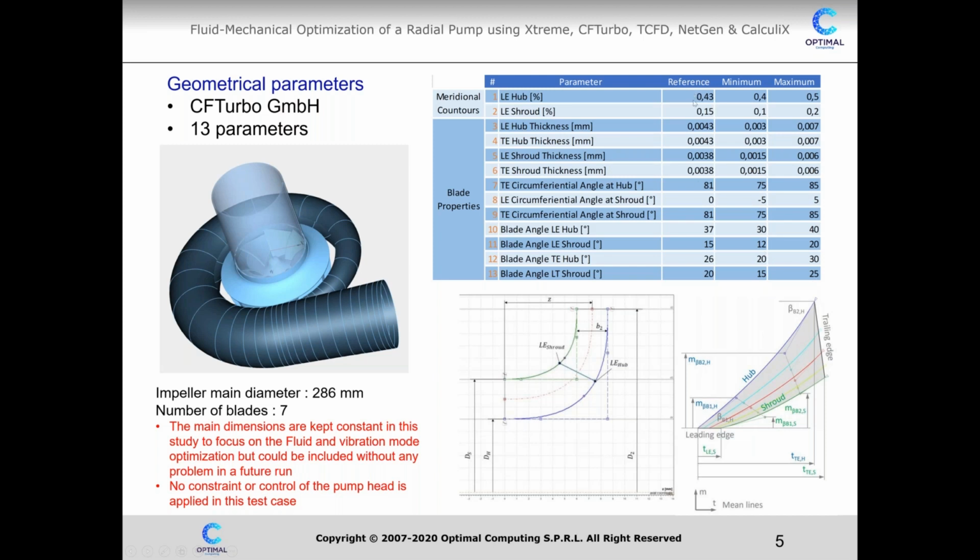And here you see the initial value and the variation range. The number of blades was kept constant for this case, although it could be a design variable. And we decided to keep the main dimensions constant.